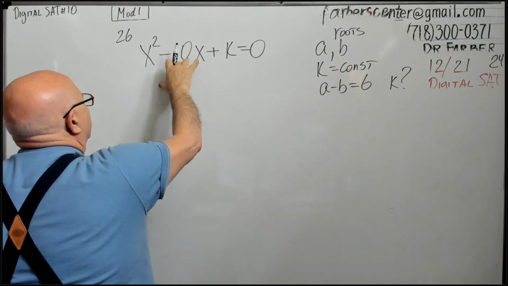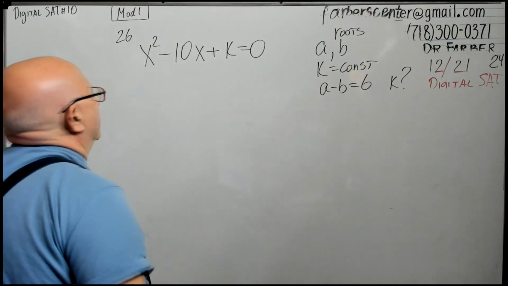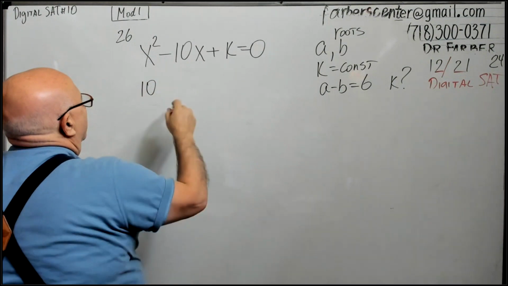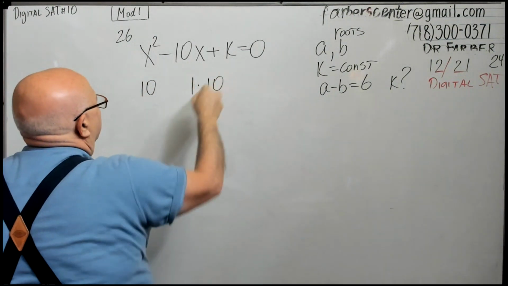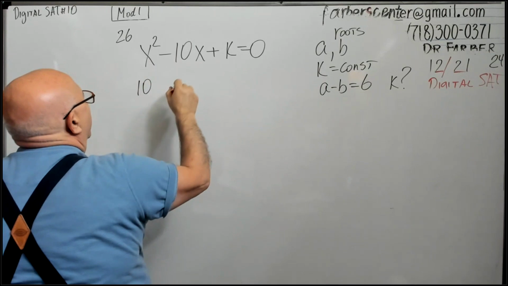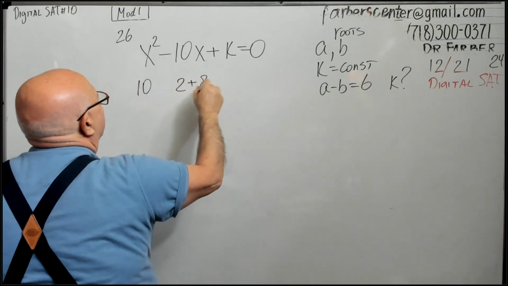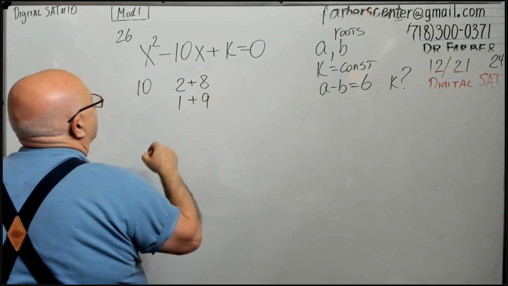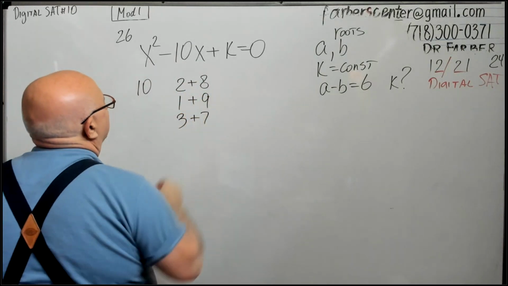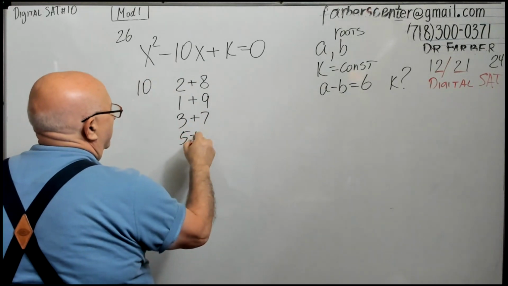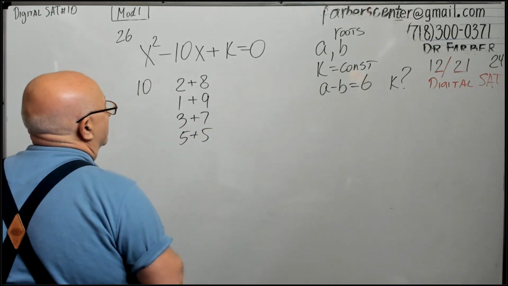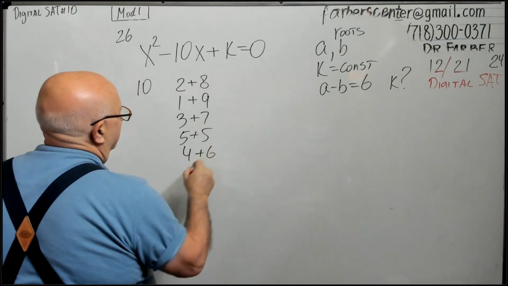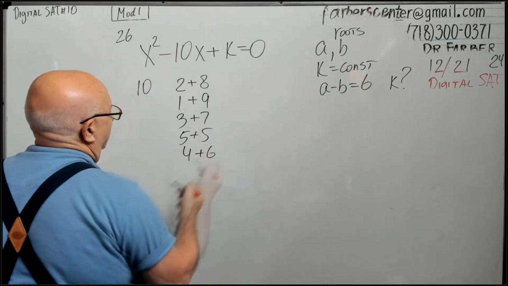How can you get 10? 1 plus 9, 2 plus 8, 3 plus 7, 4 plus 6, 5 plus 5.